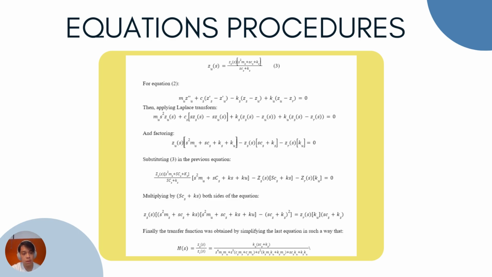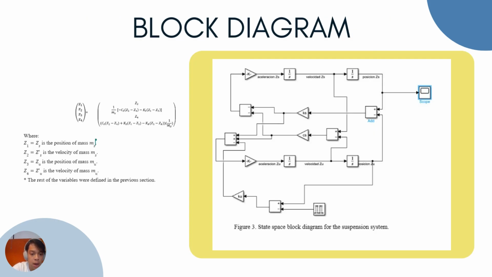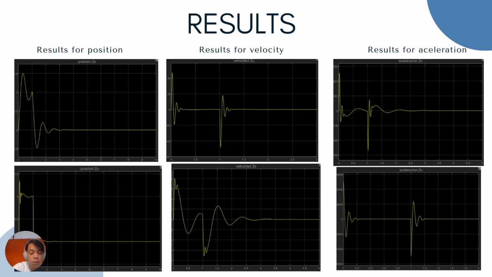Right here, we substitute, we factorize, we multiply, and we finally got a state space equation and the block diagram. We programmed it in Simulink to get this graph that describes the behavior for position, velocity, and acceleration.